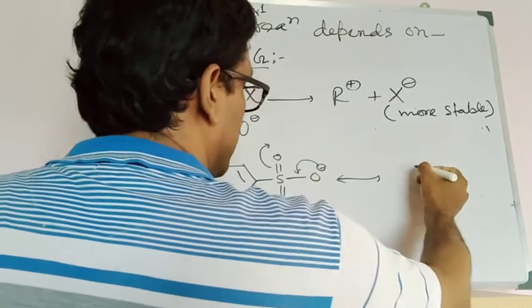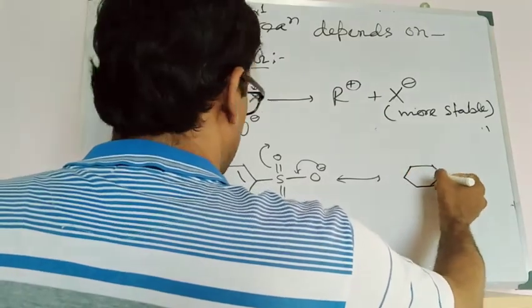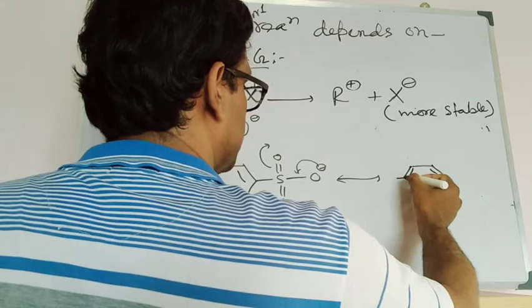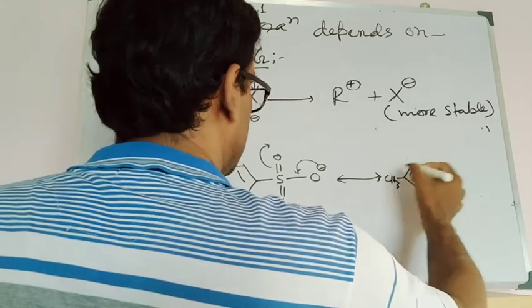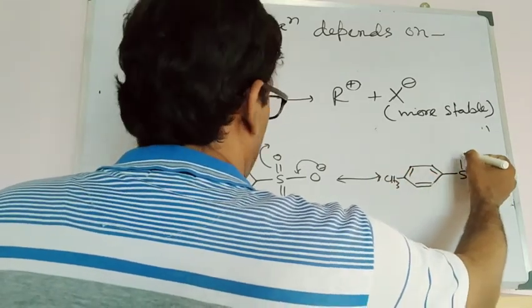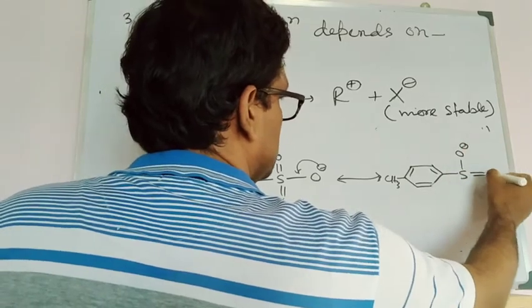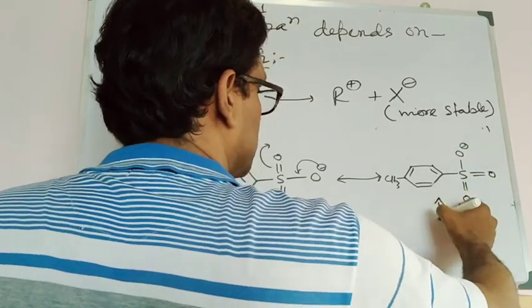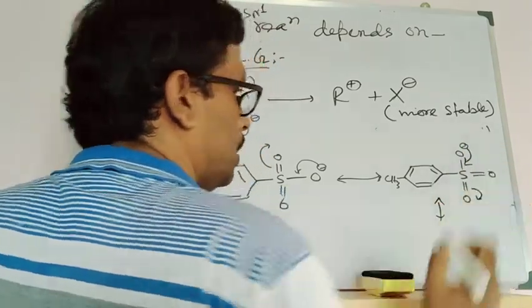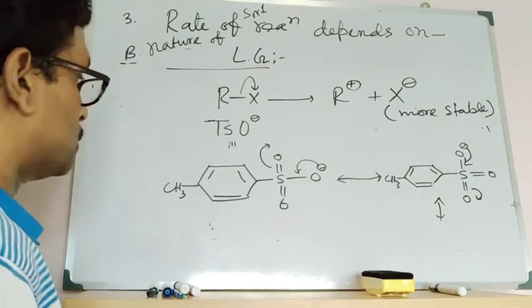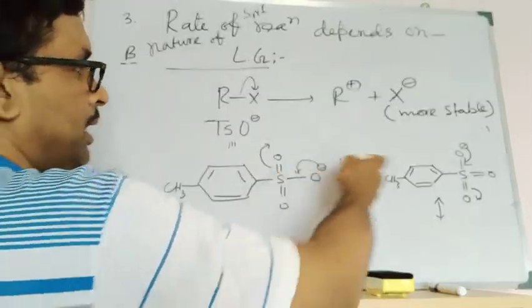So you can write down the order of stability of this one, CH3 with double bond O and double bond O, etc. So clearly the tosylate is highly conjugated.